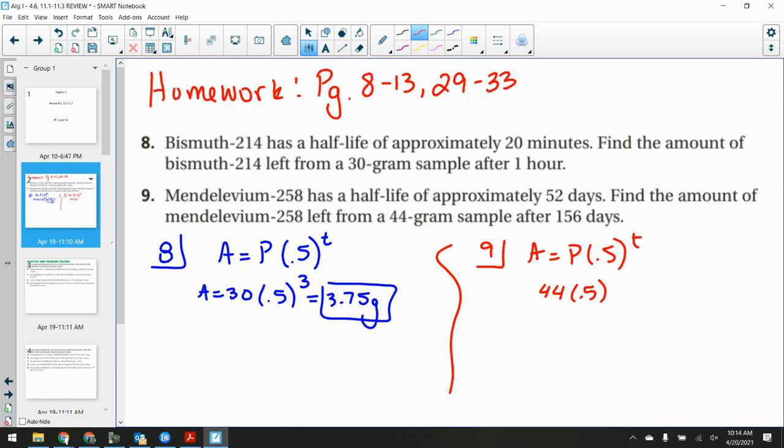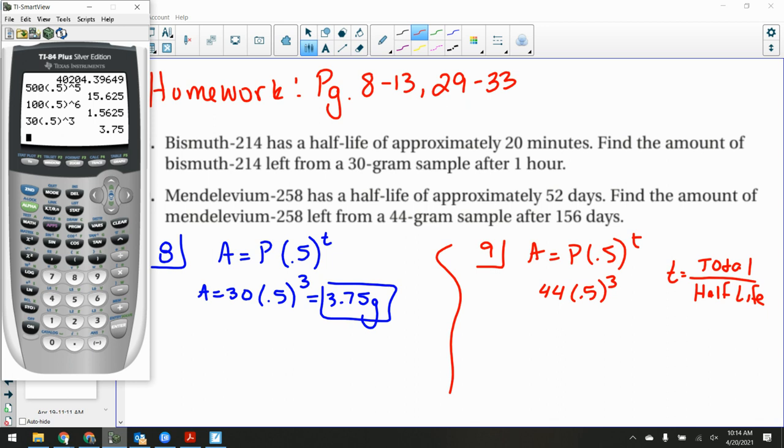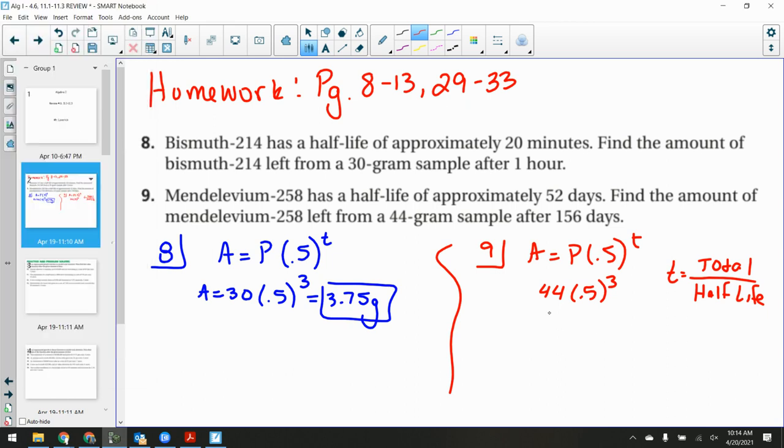So, Berkeley, what's my T in this one? 3. Again, it's 3. Remember, T can be calculated by the total divided by the half-life. The total is 156, the half-life is 52, so 156 divided by 52 is 3. So it's 44 times 0.5 to the third power. It gives me 5.5 grams.